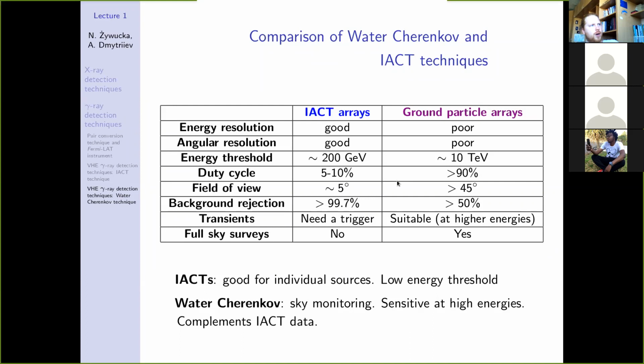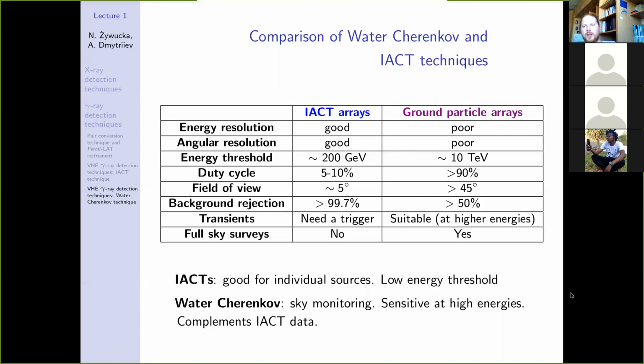So at the end, HAWC complements the Imaging Atmospheric Cherenkov Telescopes very well. If you combine the strengths of one technique with the weaknesses of another, you will be closing these gaps more or less. So these techniques complement each other very well.